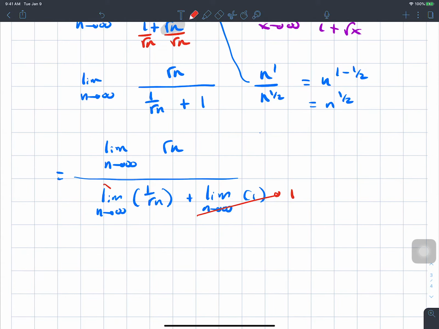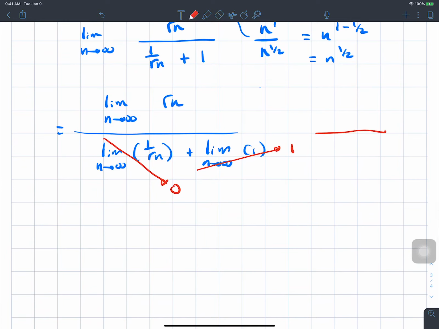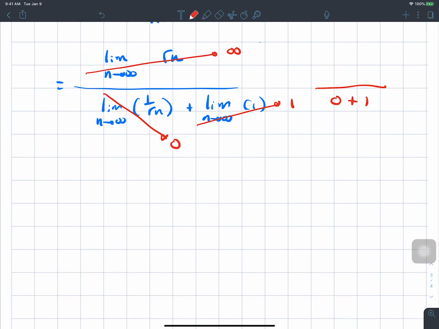This value is 1. This value is 0. So I have in my denominator 0 plus 1. But the numerator goes to infinity, because this is a strictly increasing function. As n gets big, the square root of n gets big. So what we have here is that 0 plus 1 is 1, and we say infinity divided by 1.